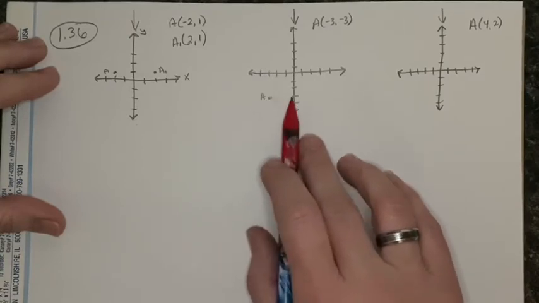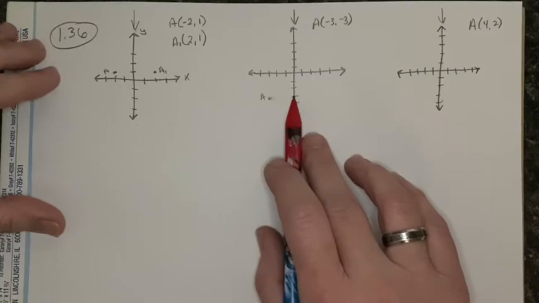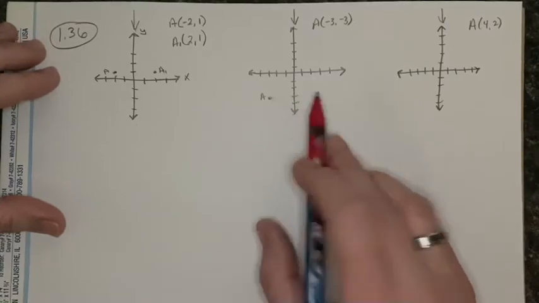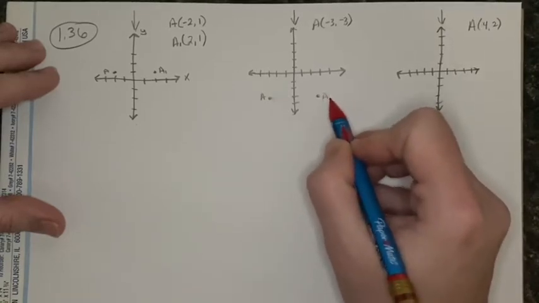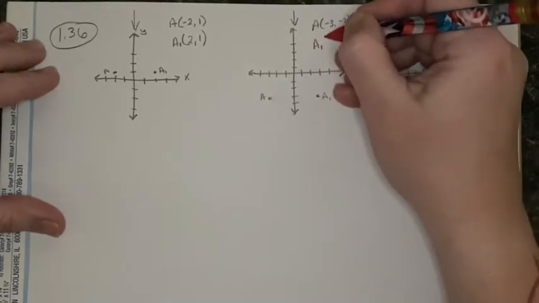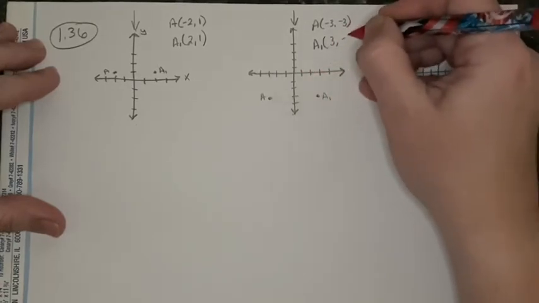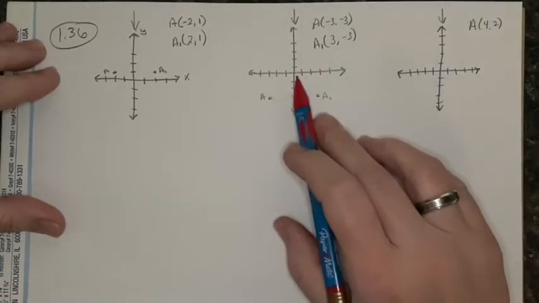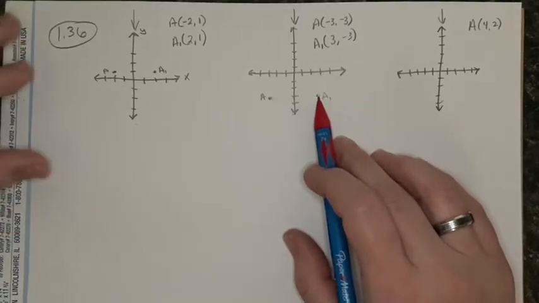Well, on this side we are 1, 2, 3 points away. So staying here at our -3, we're going 1, 2, 3 points in the other direction. So our partner point, A sub 1, is going to be at +3, -3. +3 on our x-axis, -3 on our y-axis.